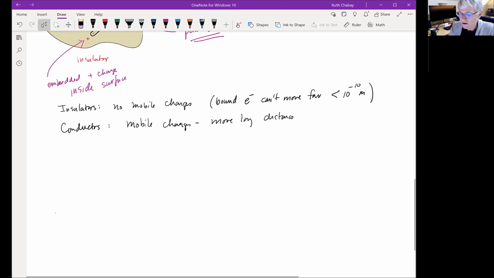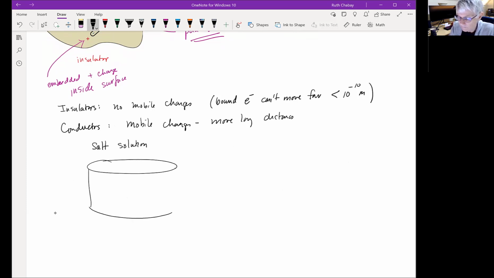So in recitation last time, we briefly talked about something like salt water. So an example would be a salt solution, where we've got water, but we have sodium ions and chloride ions floating around in the water.